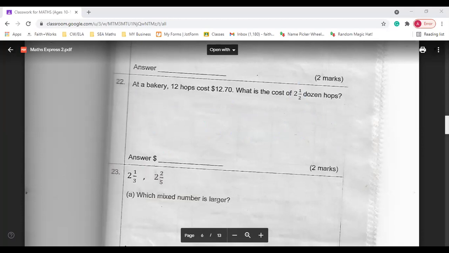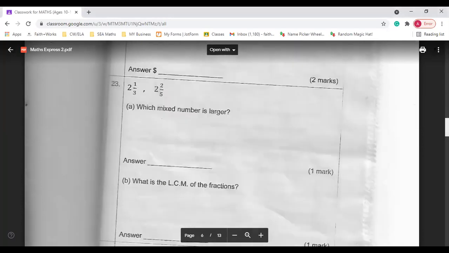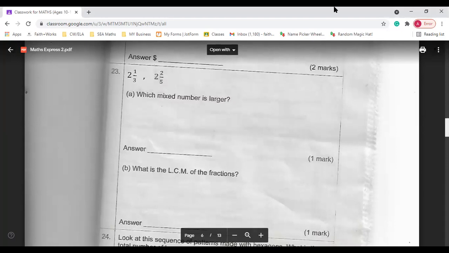All right, let's move on to number 23. Two and a third and 2 and 2/5, which mixed number is larger? Looking at it, we can't tell off the bat. They both share the same whole number, so we have to look at the fraction.